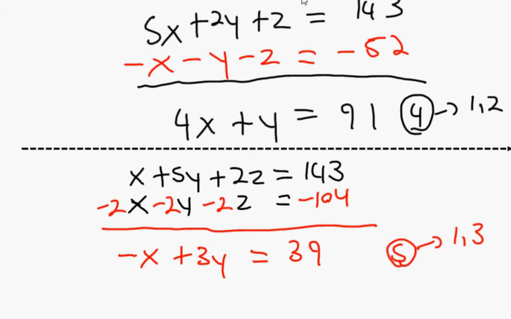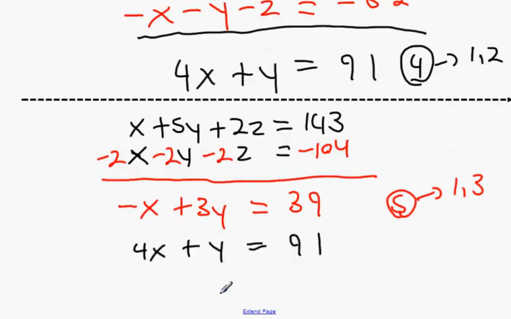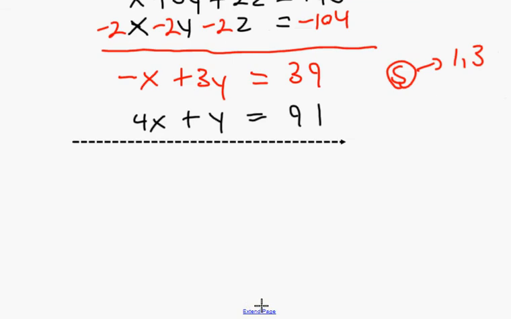Now I'm going to put equation 4 and equation 5 directly underneath each other. With equation 4, I need to figure out a way to get rid of the x's from each other. So I need to multiply the top one by 4, only the top one by 4, and that'll get rid of them. So I'm going to get minus 4x plus 12y. 4 times 39? 156.